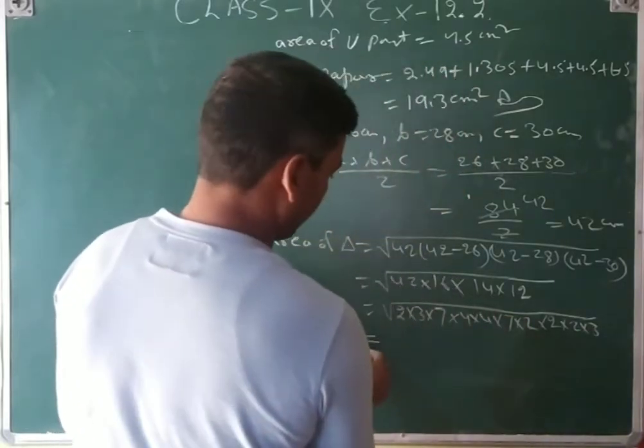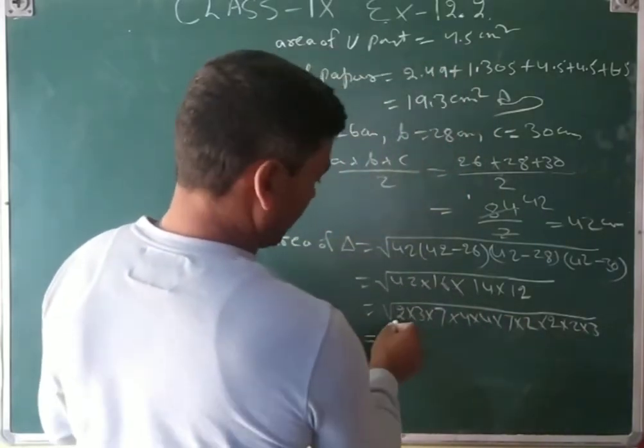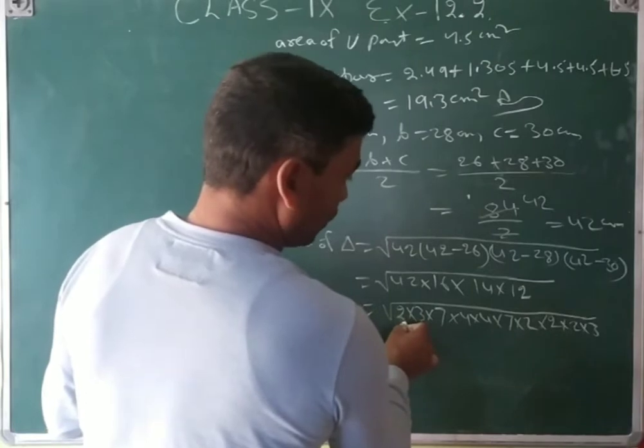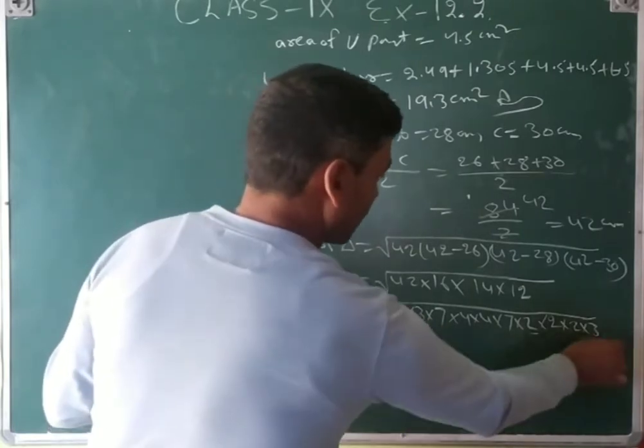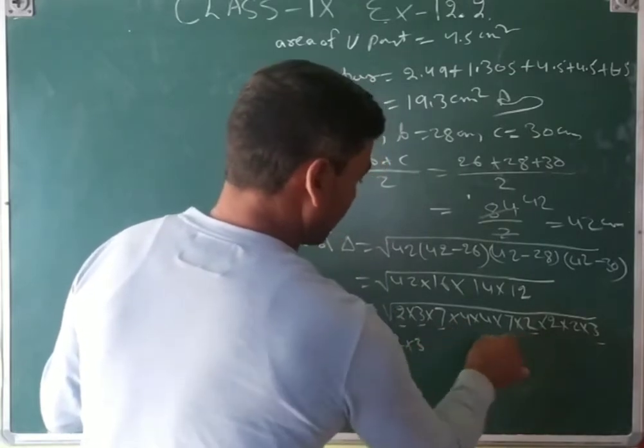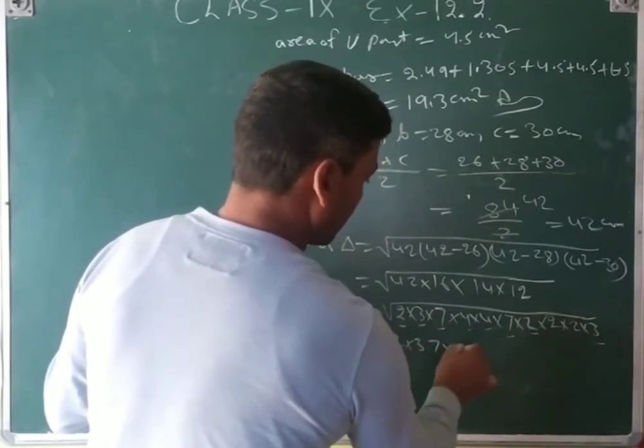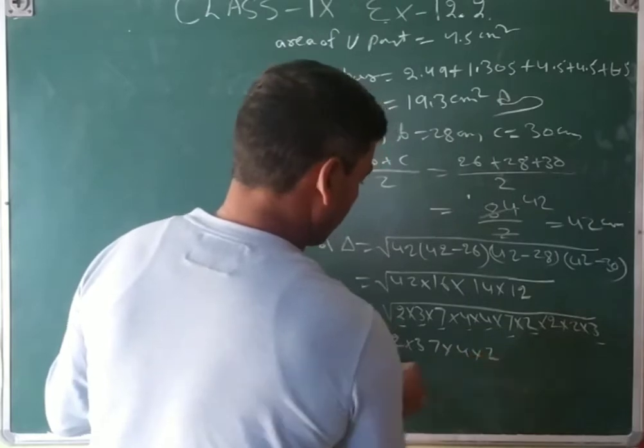So 2 comes outside, 3 also comes outside, 4 and 7 also come outside, and 2 again comes outside.